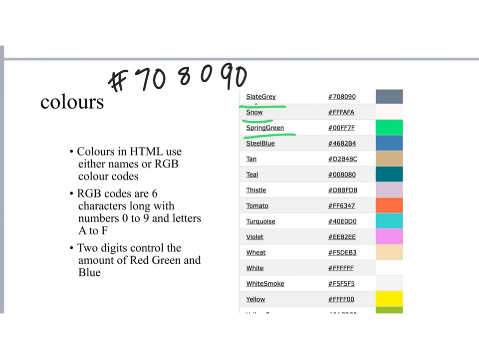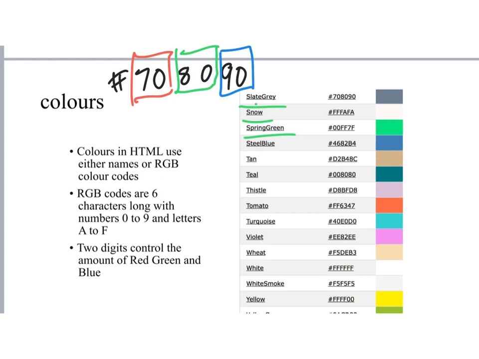If we split these up into twos, the first two numbers represent the amount of red, the next two are the amount of green, and the next two are the amount of blue.